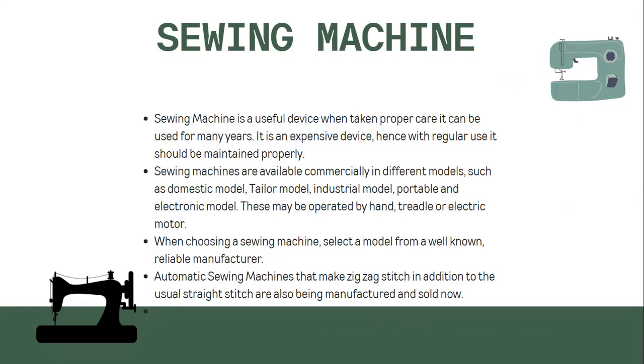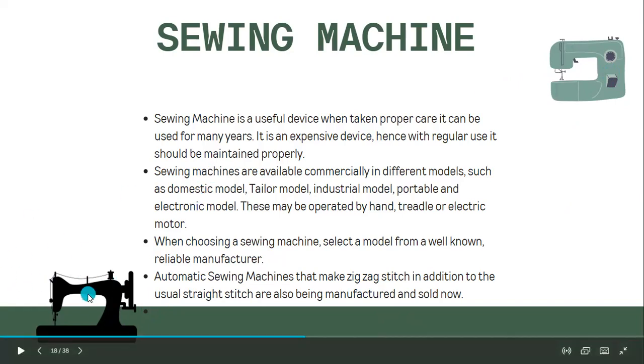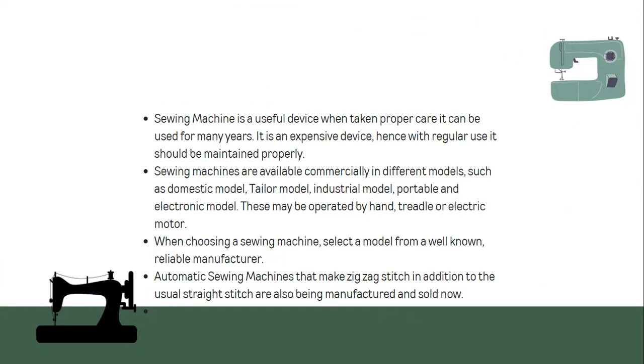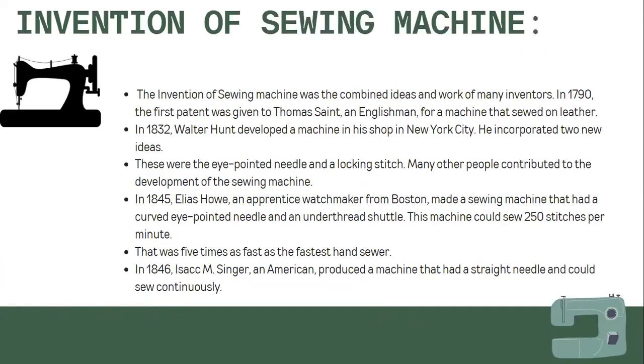It can have a lot of different types of stitches, compared to the traditional or manual version. So let's see the parts and the mechanism of the sewing machine. The invention of the sewing machine was the combined ideas and work of many inventors. In 1790 the first patent was given to Thomas Saint, an Englishman.